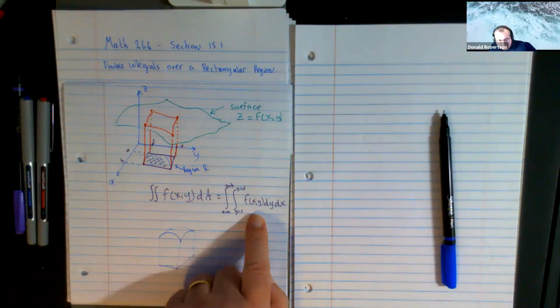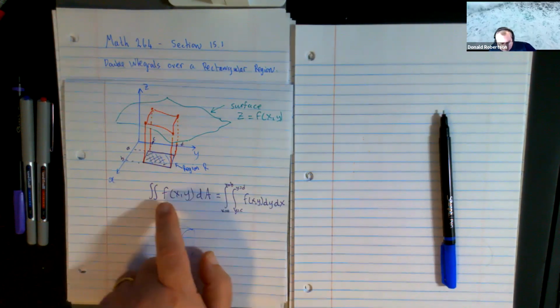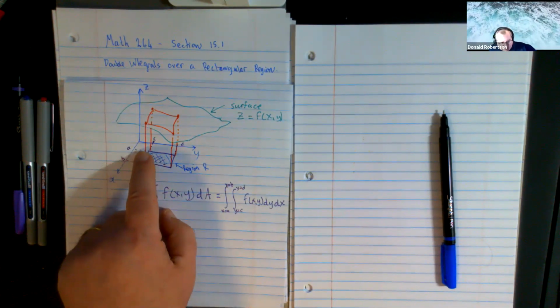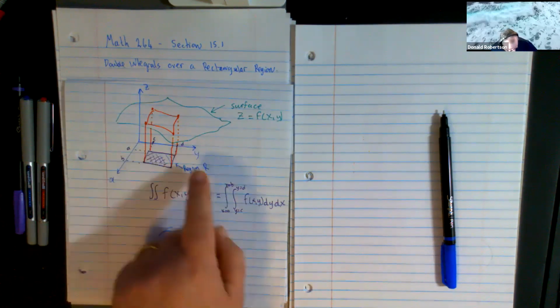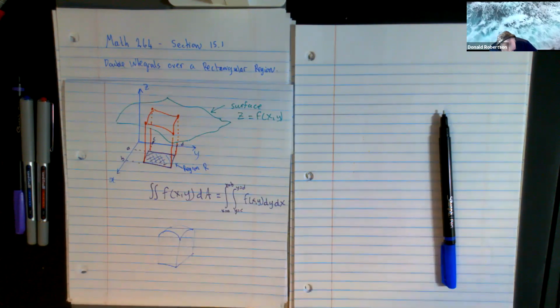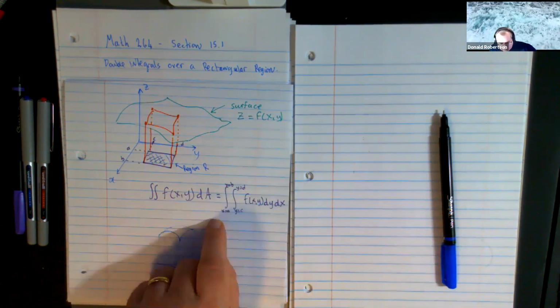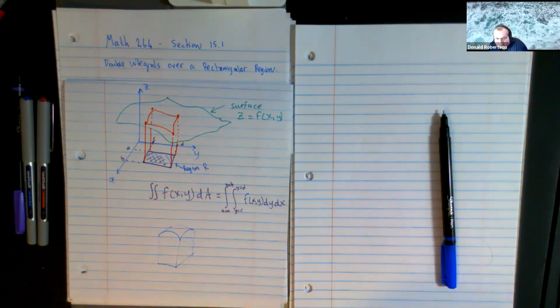Now, this version here is the specific version that you use when it's a rectangular plane. I want you to imagine the x's go from a to b, and the y's go from c to d. Typically, you won't find textbooks put the y equals c, y equals d bit in, or the x equals a, x equals b. But I put that in because I forget who's who if I'm not careful.